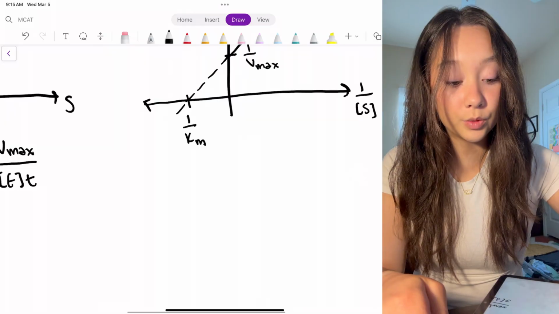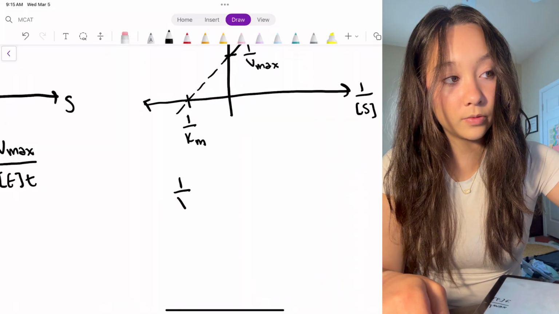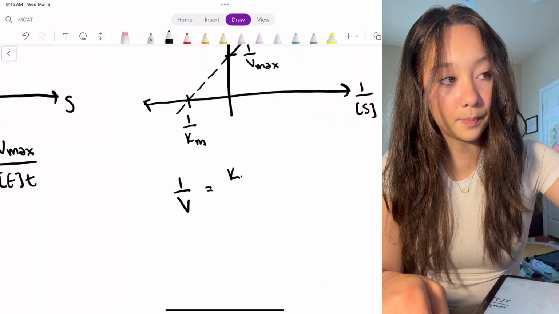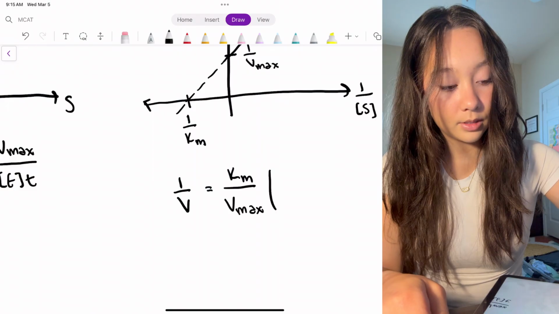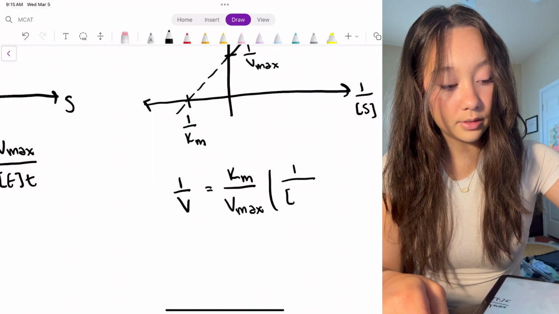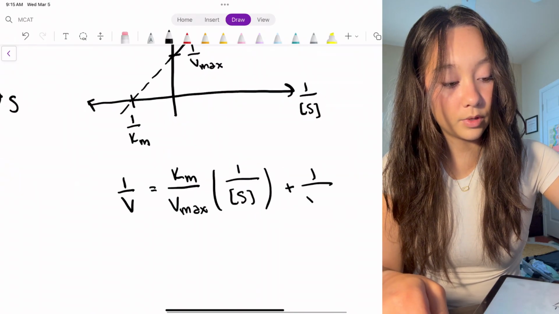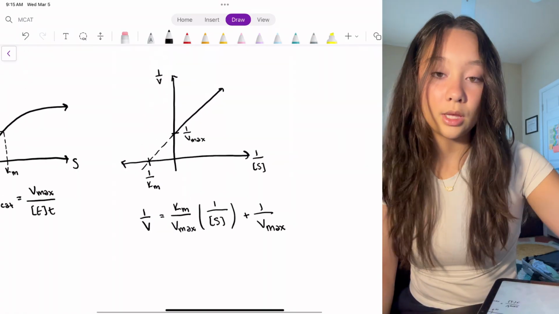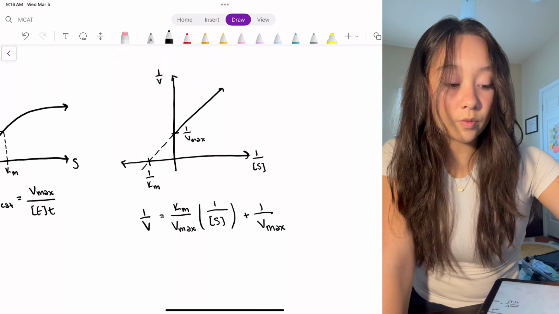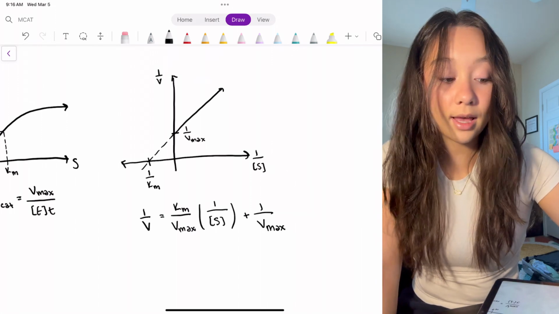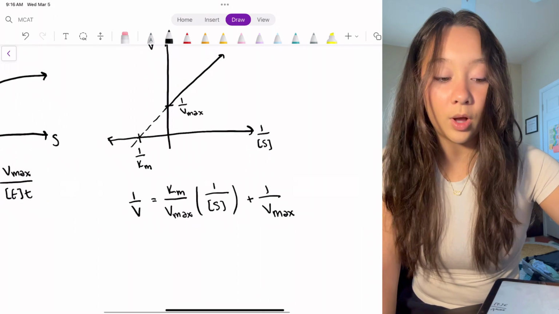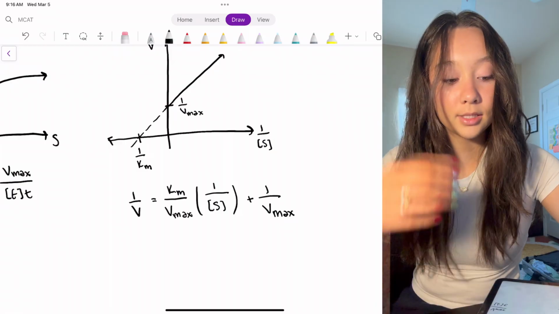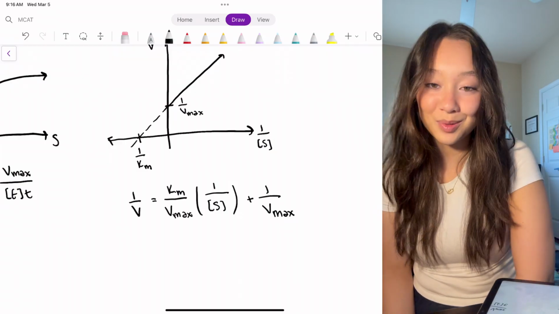An equation that we can use to visualize this is 1 over V equals Km over Vmax times 1 over S plus 1 over Vmax. This is just our y equals mx plus b: 1 over V is y, 1 over S is x, our y-intercept b is 1 over Vmax, and Km over Vmax is going to be our slope.